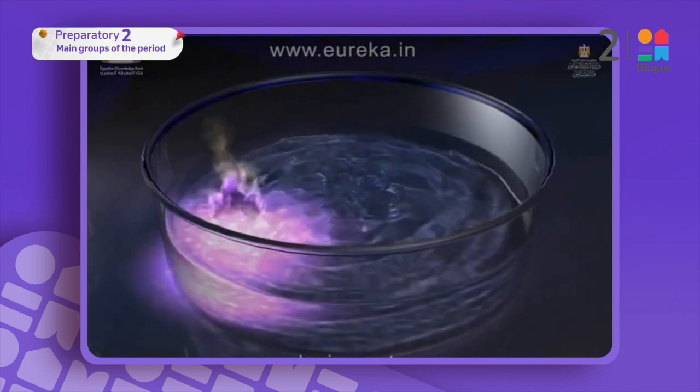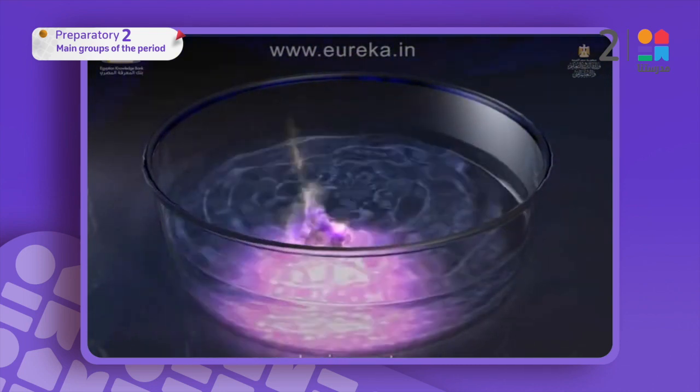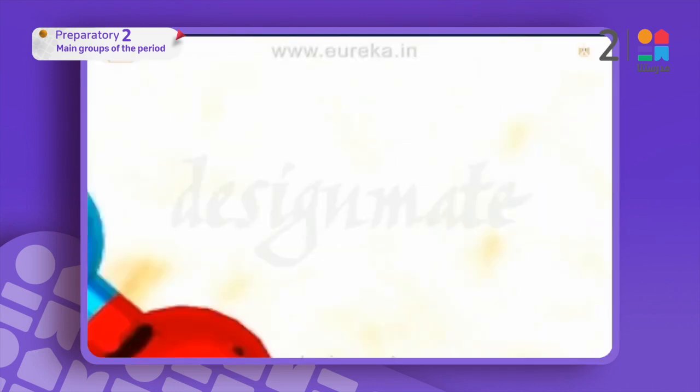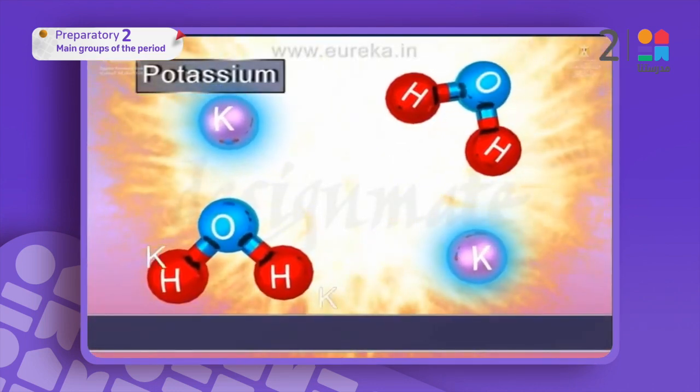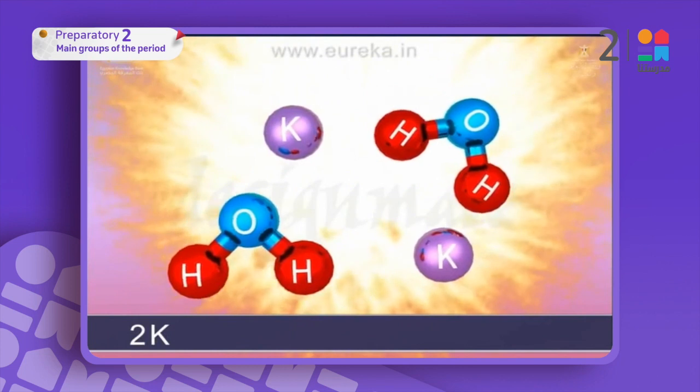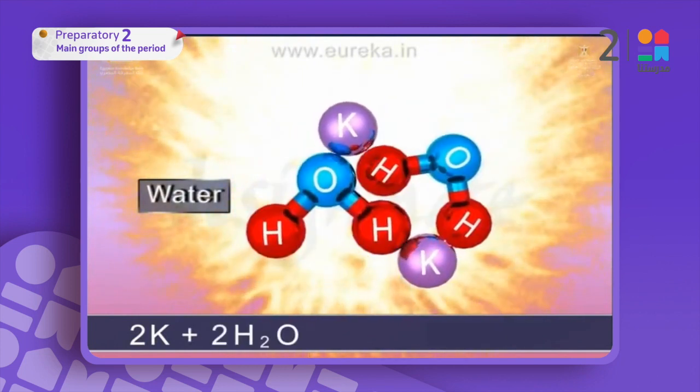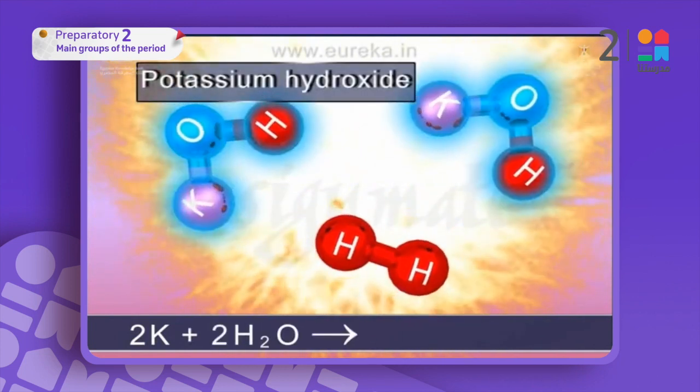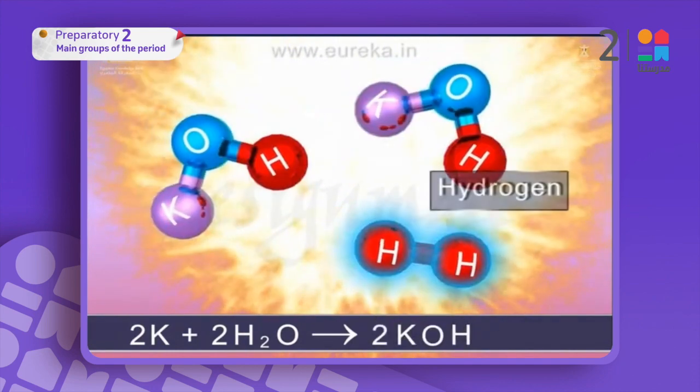This reaction produces aqueous solution of potassium hydroxide. Potassium K plus 2 molecules of water H2O react to give potassium hydroxide KOH with the evolution of hydrogen gas. I guess this video visualized the reaction for you.